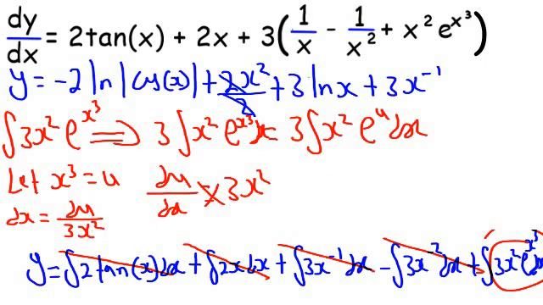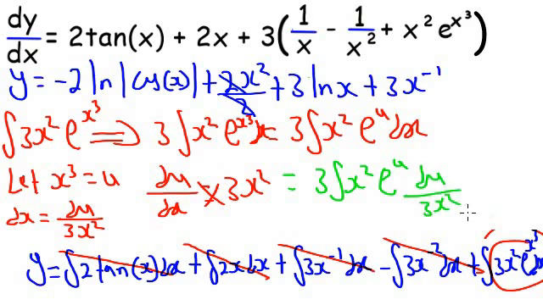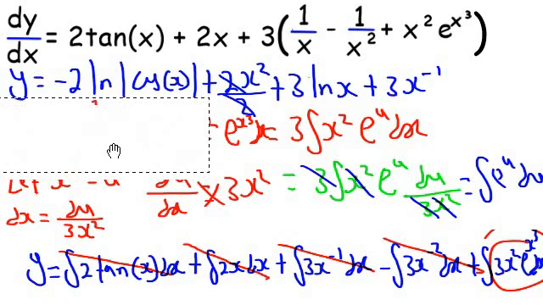So we can now have the integration become 3 integral of x squared e to the power of u, then multiplied by du over 3x squared. Now you can clearly see that at this point, x squared cancels out and 3 as well cancels out. Left over will just be the integral of e to the u. And at the end of the day, the integral of e to the x is still e to the x. So definitely, we are almost there.